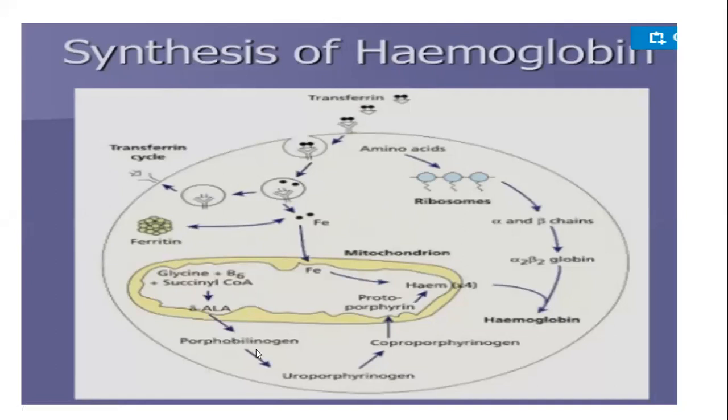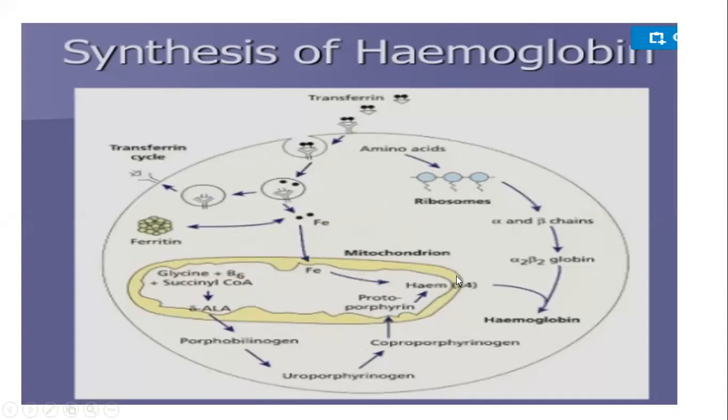And as I did mention, you have some aspects of synthesis that occur within the cytosol or within the cytoplasm, with the re-entry through oxidation to form the protoporphyrin ring, which in the presence of iron leads to formation of heme.